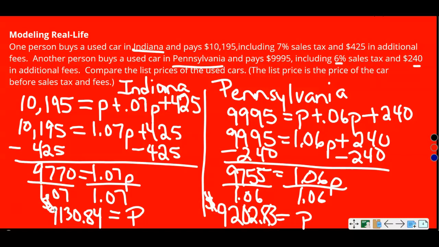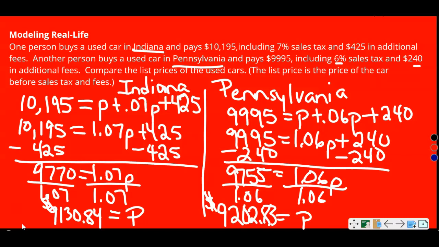All right, it says compare the two prices. If we compare the two prices, the one is $9,130.84. The Pennsylvania car is $9,202.83.